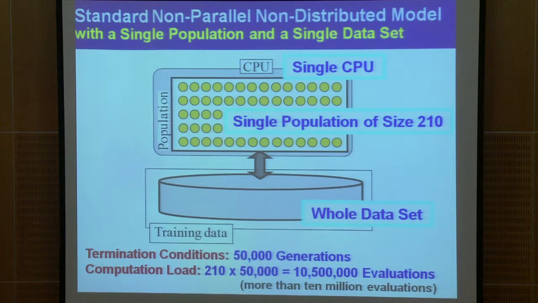And we use a termination condition of 50,000 generations. Thus, in each population, we have 210 individuals, and those individuals were evolved for 50,000 generations. So the total number of evaluations was more than 10 million evaluations, a lot of time.